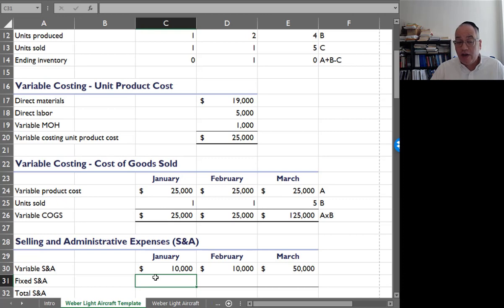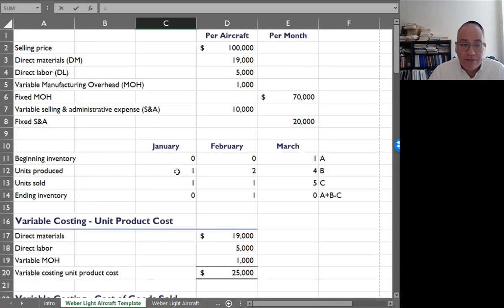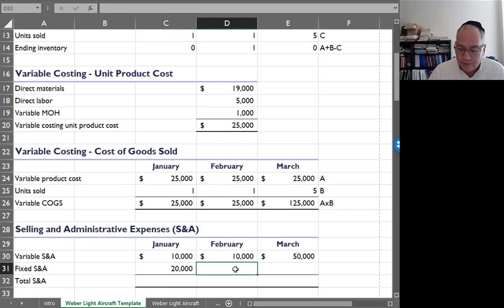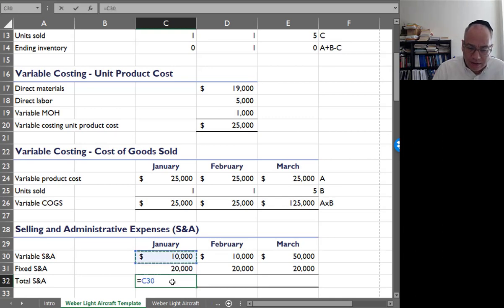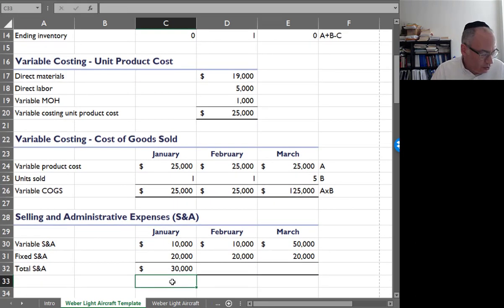And selling and administrative also has a fixed component. That would be $20,000 in every month right there. So therefore, my January S&A is $30,000. My February is also $30,000, and March selling and administrative expenses is $70,000.